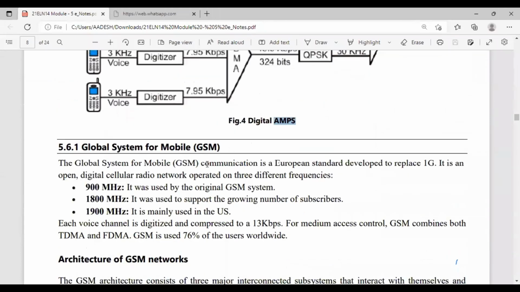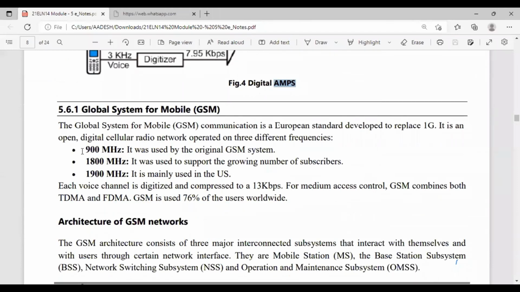So GSM used three different bands. One is 900 megahertz for its service. Then the users increased, and to give service to the added users, they bought 1800 megahertz, and again 1900 megahertz.